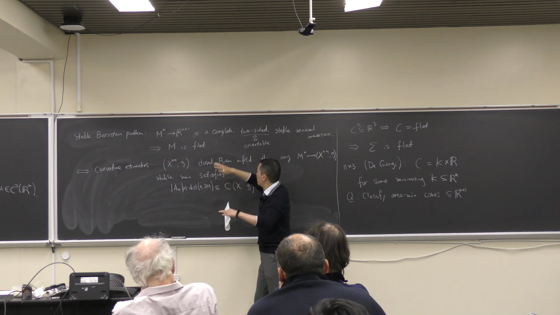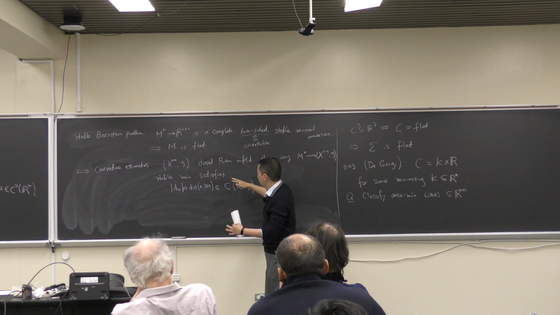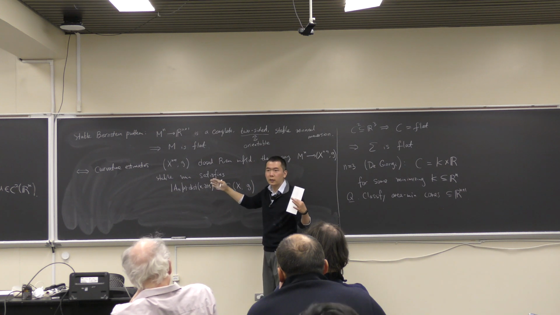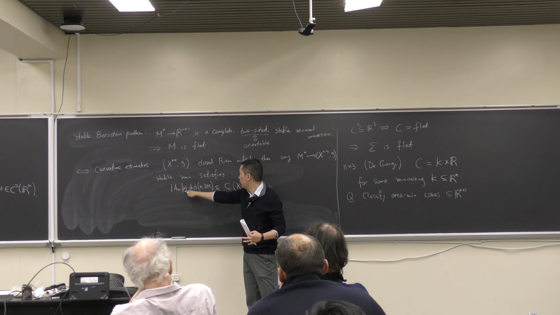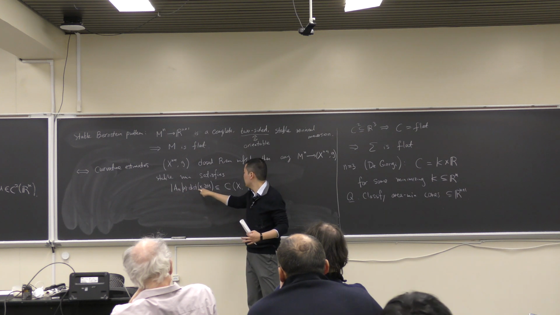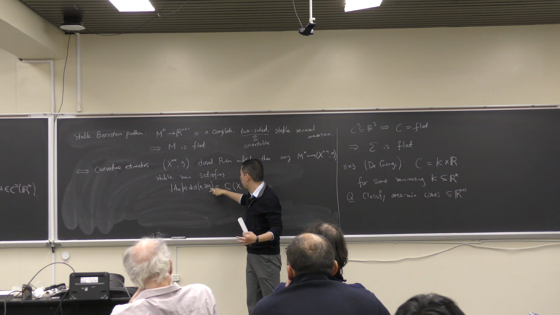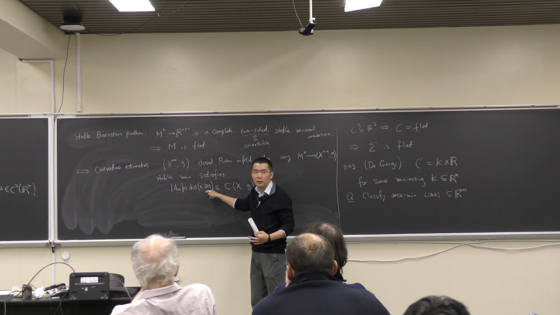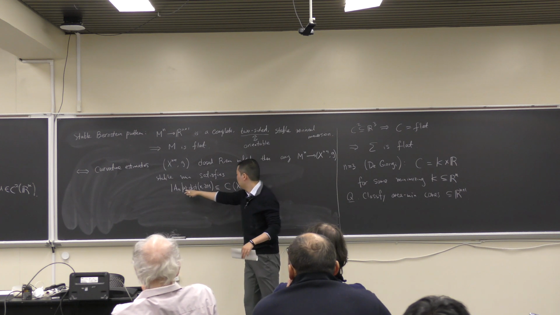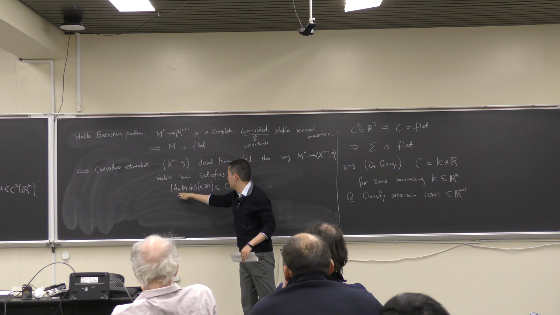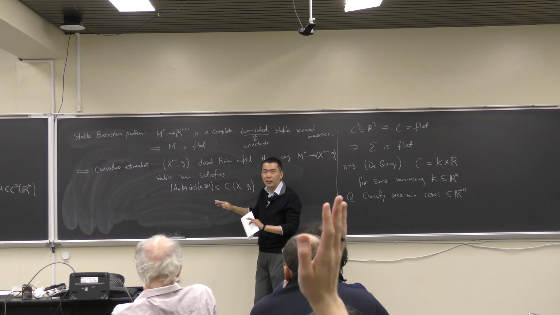Then suppose you have a complete minimal immersion, then you can take larger and larger geodesic balls of this immersion. For any fixed point x, by considering larger and larger geodesic balls, this distance is going to infinity. So for any fixed point x, the curvature has to be 0.